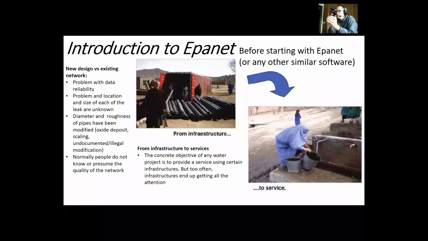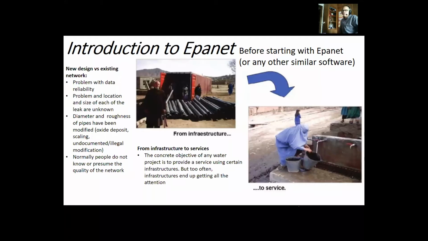As far as I know, for Syria, this shouldn't be a problem because Syrian people are used to networks, but this is more a problem for developing countries like in Africa. You do not know if people really accept a piped network. You have no idea if the community is ready to invest time in the maintenance of the network. And on the longer term, the sustainability of the network is an unknown issue.